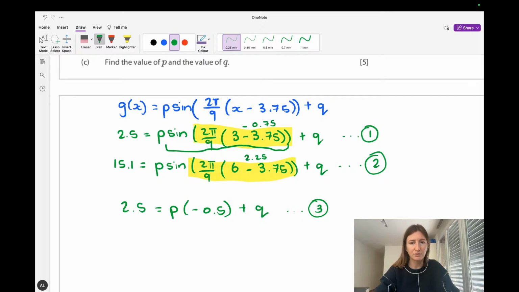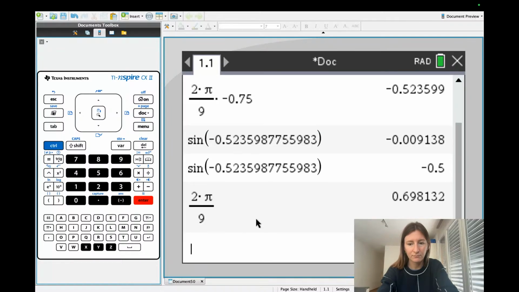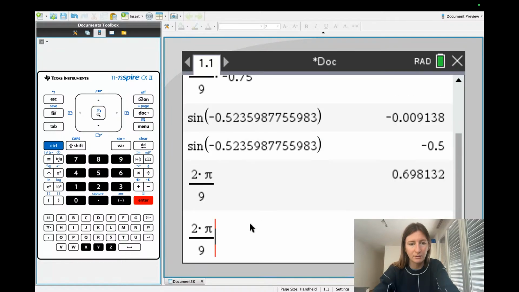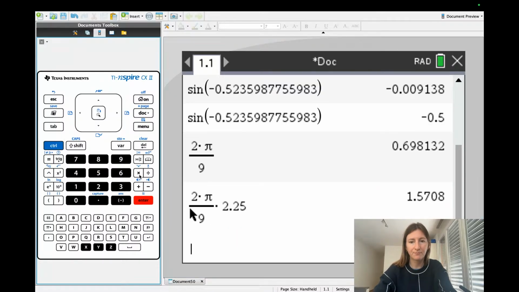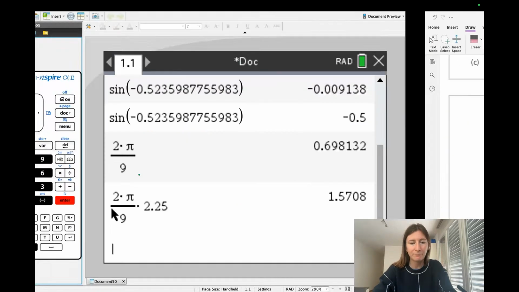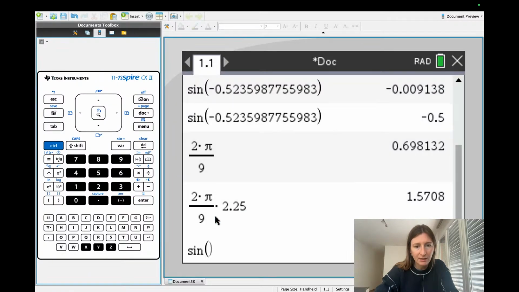2 pi over 9 times 2.25, and I want the sine of that. So notice I'm not taking these rounded values because they're going to possibly interfere with my accuracy.